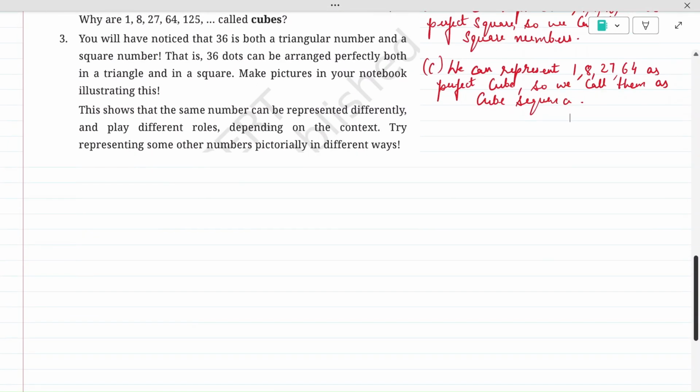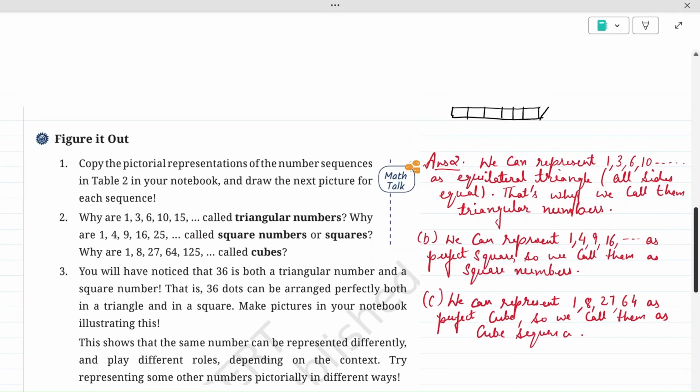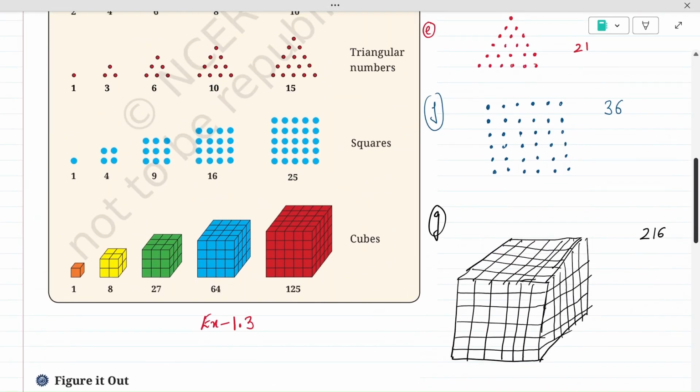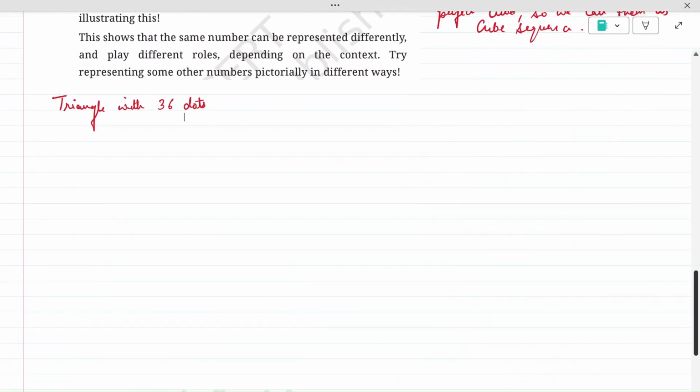Now let me make a triangle with 36 dots. Till now we have done till the 5th position, 15. So now I'm going to do the 8th position.